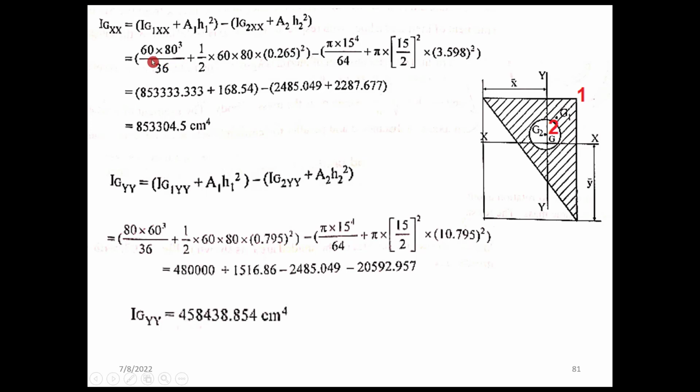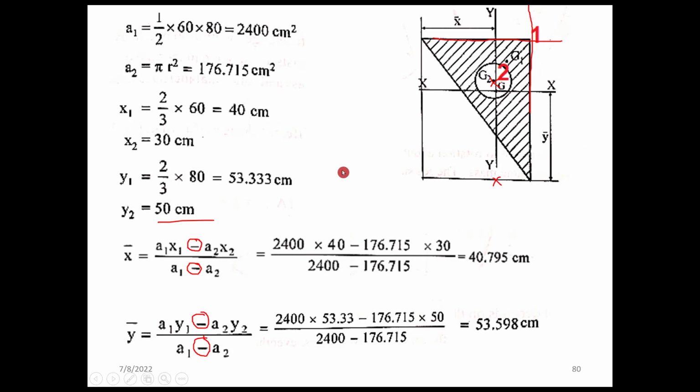By substituting this, we get the first bracketed value minus pi d raised to 4 by 64, the moment of inertia of this individual circular area, plus pi d square by 4, where d is 15 by 2. This will be the area of the circle into the difference between the centroid axis of this circle and the total, so G2 minus G.